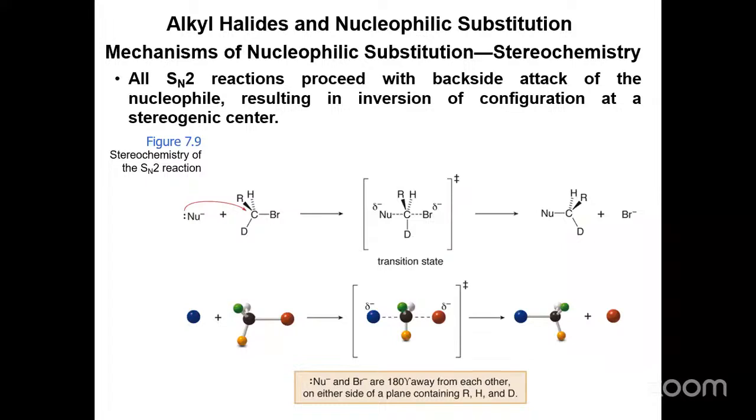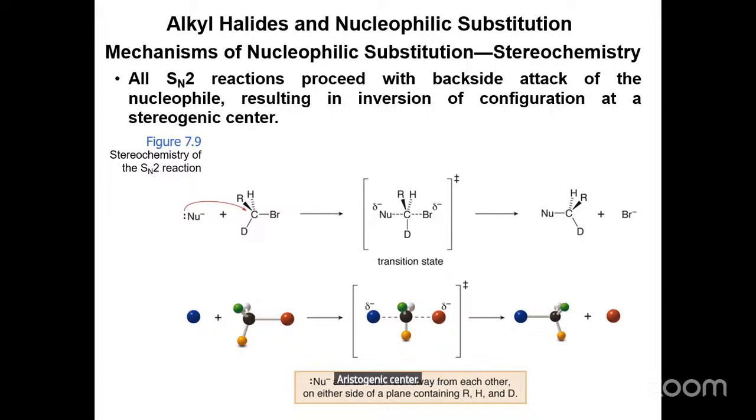One thing to note is the stereochemistry of your product. When we have an SN2 reaction, it always proceeds via a backside attack of the nucleophile, and that leads to inversion of configuration at the stereogenic center.